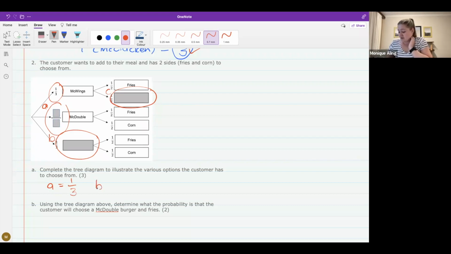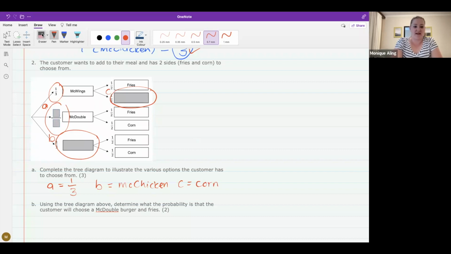And B, what would B be? The McChicken. Good. Okay, so we find that answer in the question. It's just one of the 3 meals they mentioned. And C would be corn. Yes, you guys beat me to it. Well done.